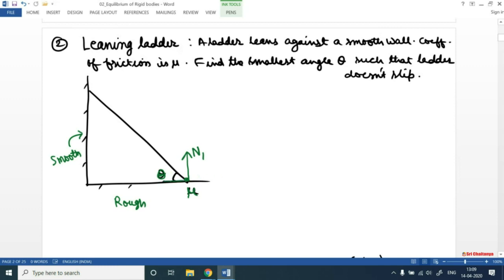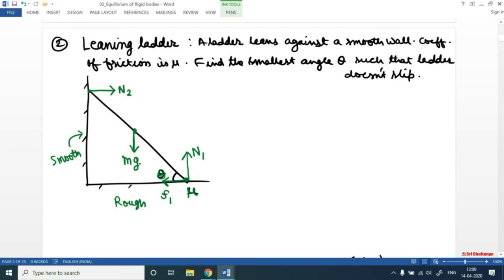So there would be an opposing static friction in this direction, let's say F1. At this surface there is no friction, so there would be only a normal, N2. Apart from that, the weight acts at the center of gravity, which here coincides with the center of mass, and that would be mg.